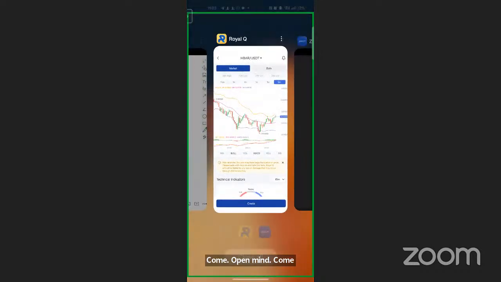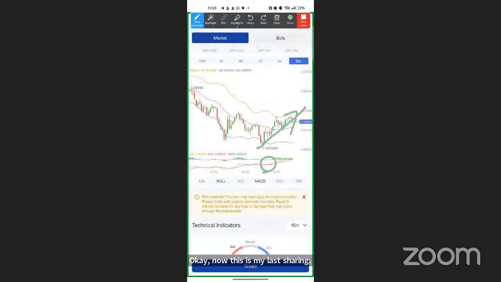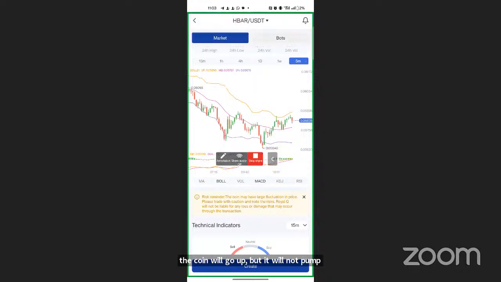Okay, now this is my last sharing because my phone is about to go off. When this crossover happens in the red histogram area, I told you there is green and red, the coin will go up, but it will not pump. Now let me go to pumping coin.